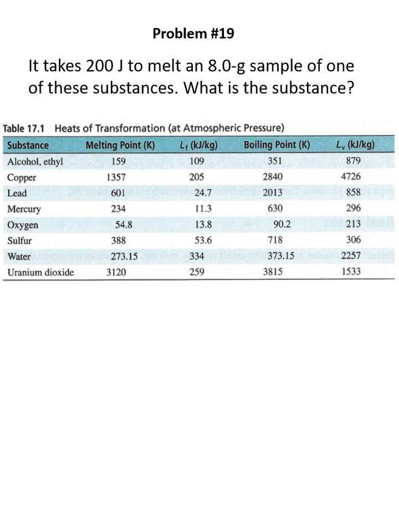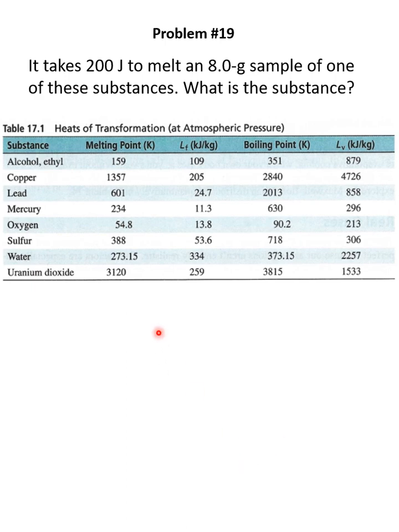Let's look at problem number 19 in the back of the book. Pretty simple problem. It says it takes 200 joules to melt an 8-gram sample of one of these substances. What is the substance? Okay, so first we're going to focus on that it's talking about melting.